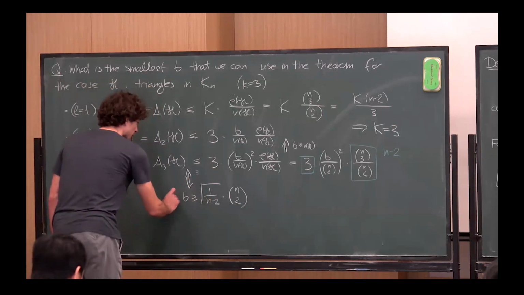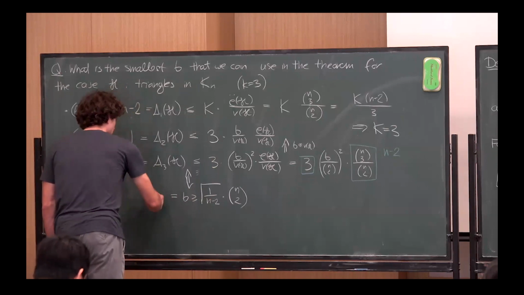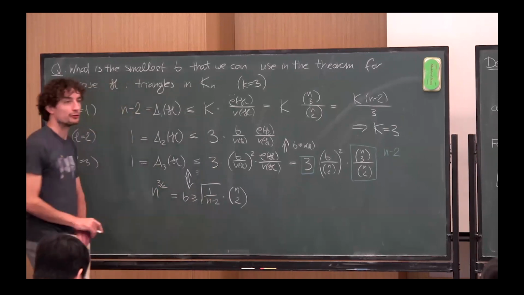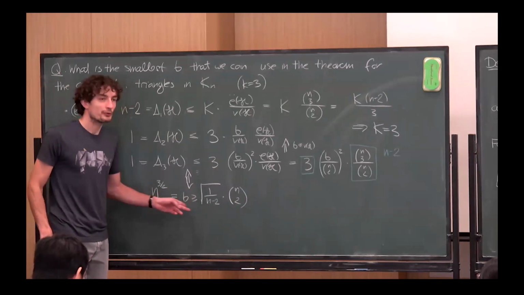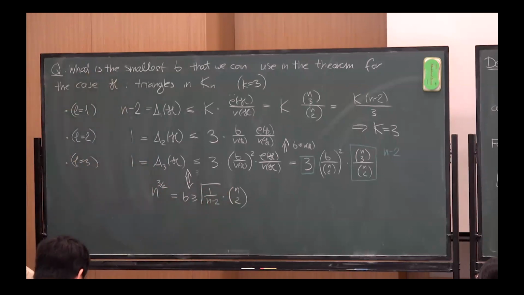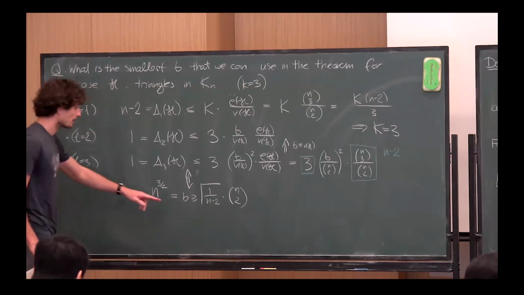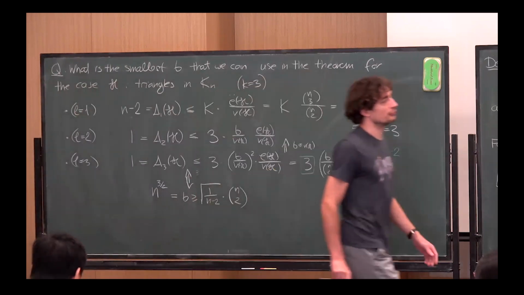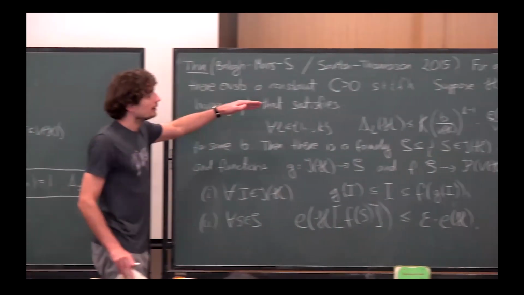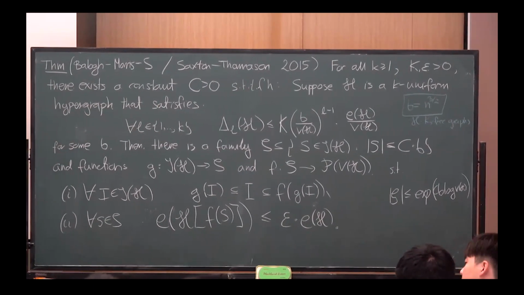So, therefore, we can easily take b to be n to 3 halves. So, we need roughly b to be roughly n to 3 halves, maybe n to 3 halves over 2, but this factor of 2, since we're only dealing with asymptotic statements, doesn't make any difference. And we still have this constant c there, which anyway will depend on the epsilon that we will choose. So since we can use b being n to 3 halves, then we recover the statement of the container theorem for triangles.